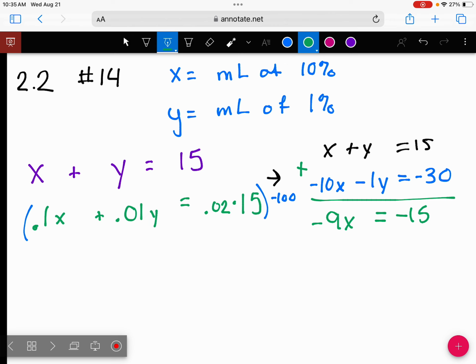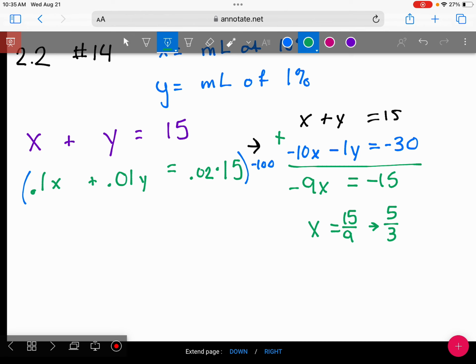So what is our x going to be here? How many milliliters of 10% solution do we need? 15 over 9. Simplify it. 5/3. That makes it a little bit easier. Because if I know that x is 5/3, what's my y going to be? How do we find y? Substitute it back in.